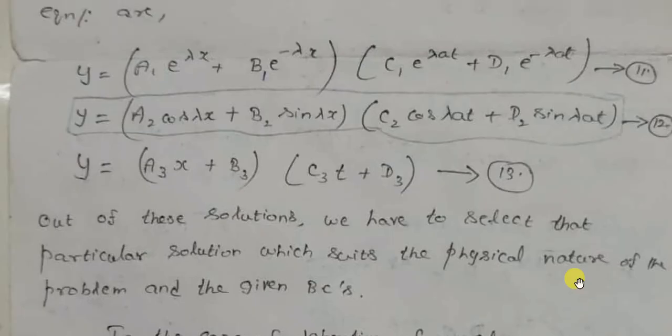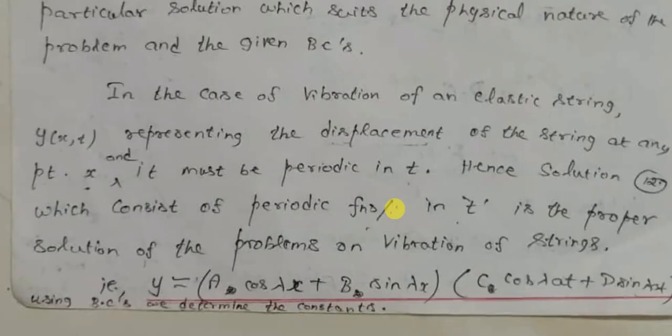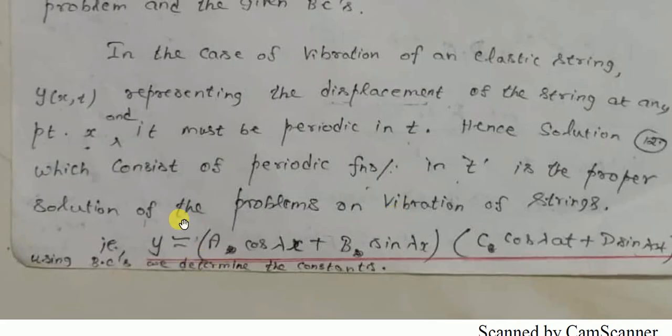If you see these three solutions, the second solution has cos and sin functions of t, which are periodic functions. So the proper solution for the physical nature of the problem is the second solution, which I am rewriting here. Instead of A2 we can take it as A itself: y = (A cos λx + B sin λx)(C cos λat + D sin λat). So this is the proper solution for problems on vibration of strings.